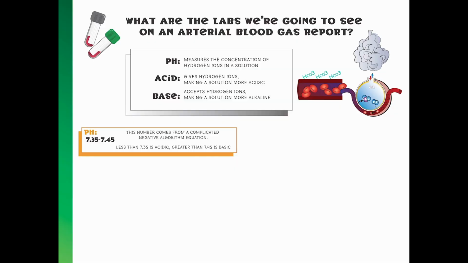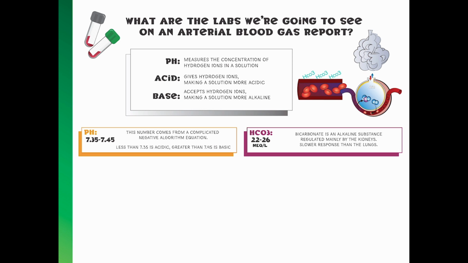In an ABG, we're going to look at that pH, which has a normal range of 7.35 to 7.45. This number comes from a complicated negative logarithm equation. Anything less than 7.35 is going to be acidic. Anything greater than 7.45 is going to be basic. So really, that is the basics that we need to know about pH in the human body.